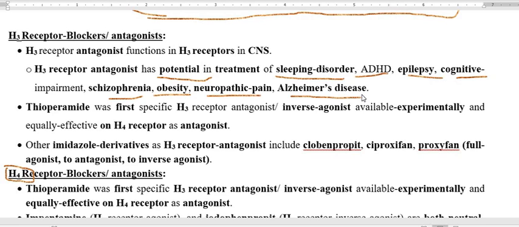So it is very important to explore this group.